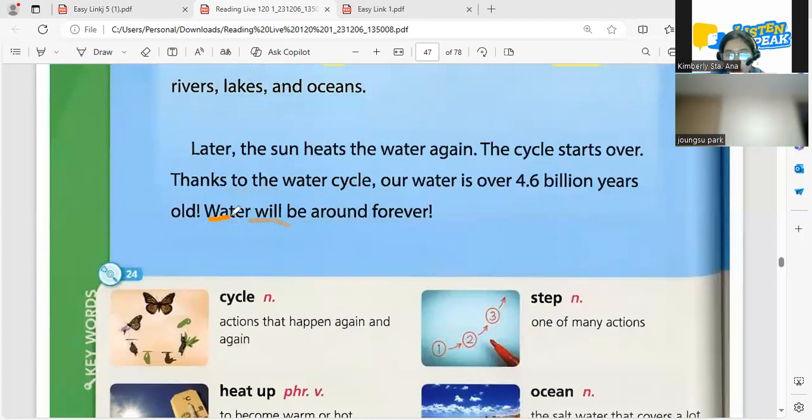Water will be around forever. Okay, so the water cycle happens every day. The cycle starts over and then it'll happen again and again and again. That's why we have a lot of water here on our planet.